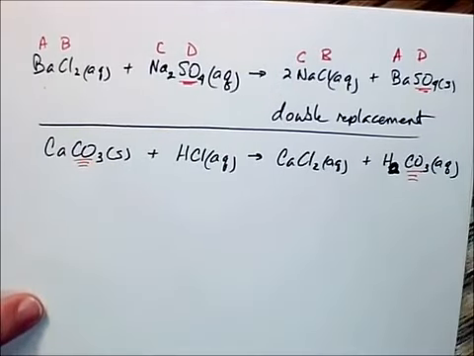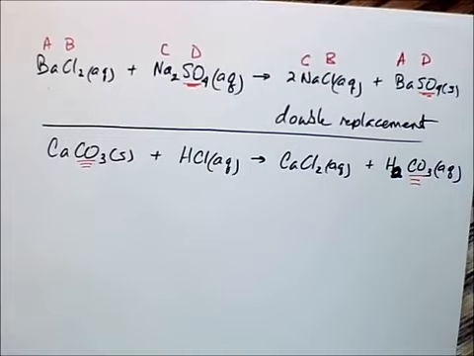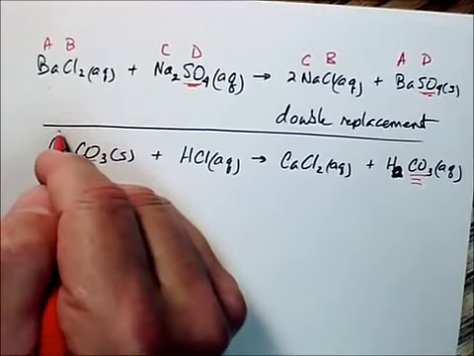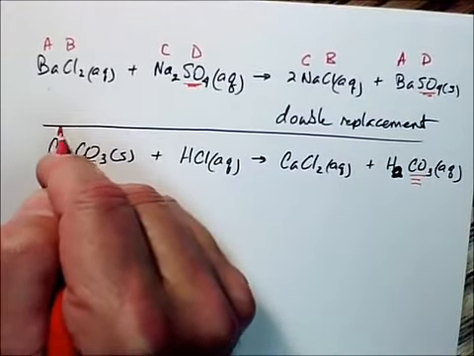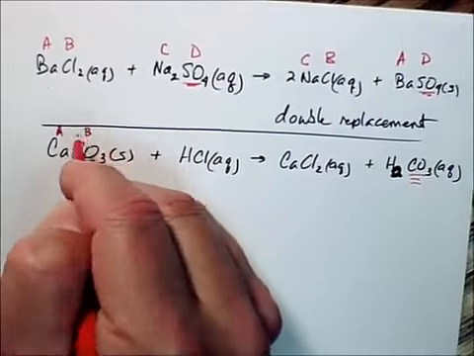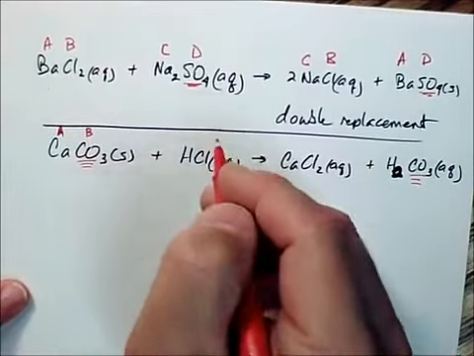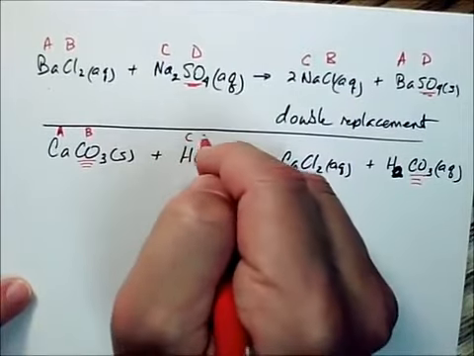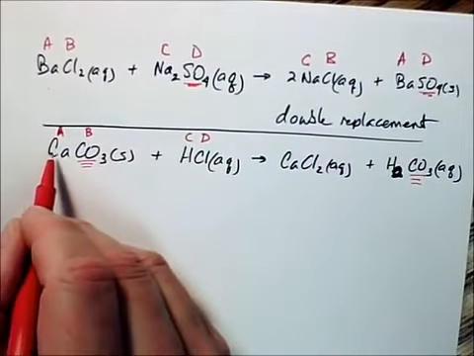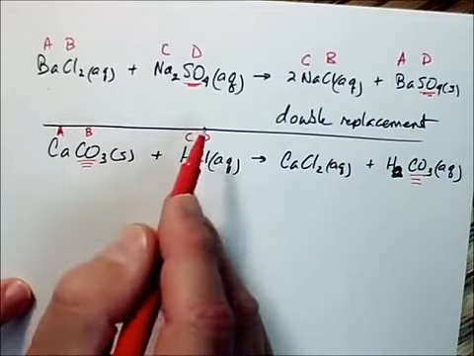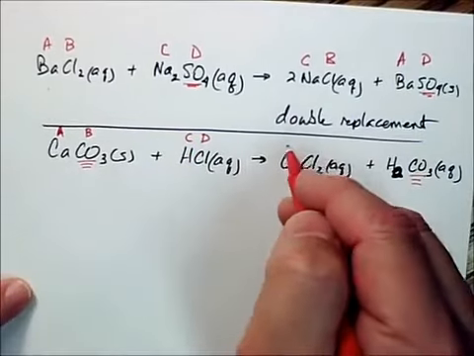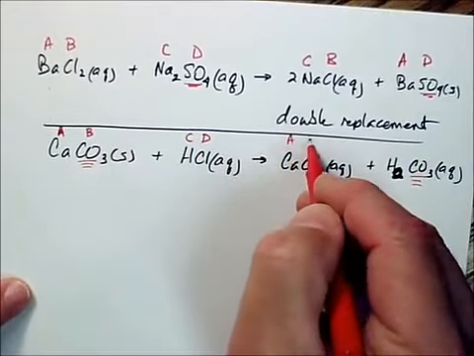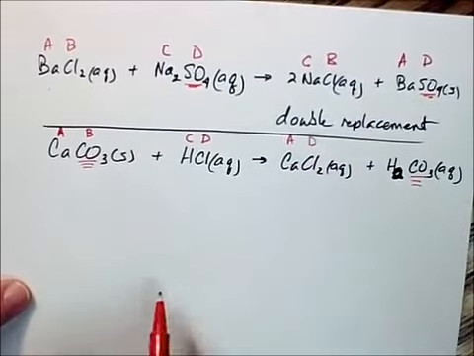Okay? So we've got two part compounds. We've got Ca is A, CO3 is B. H and Cl, I hope you can clearly see 2 elements together makes a 2-part compound. So if this is double replacement, A should join up with D. And sure enough, A is calcium, D is chlorine.